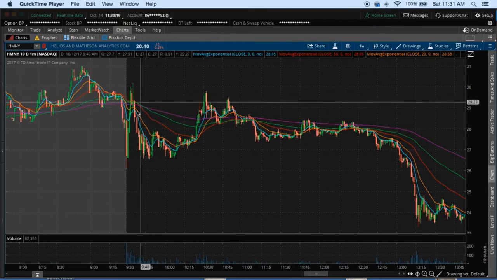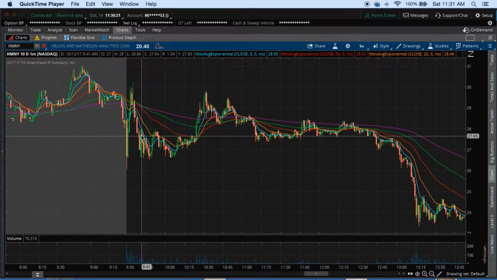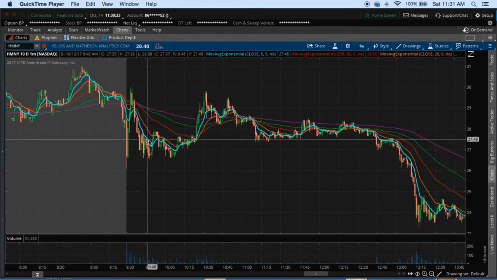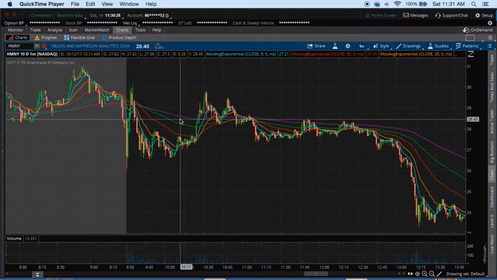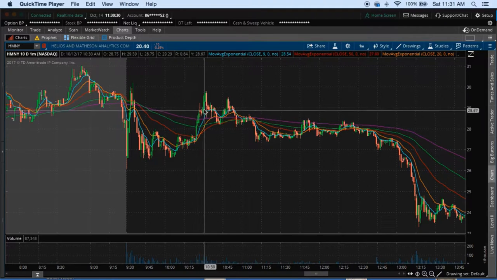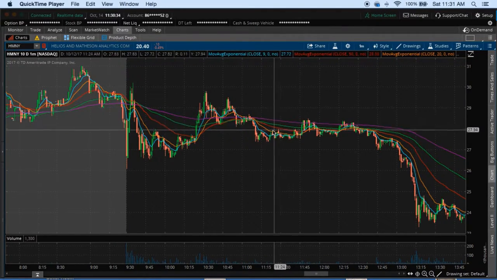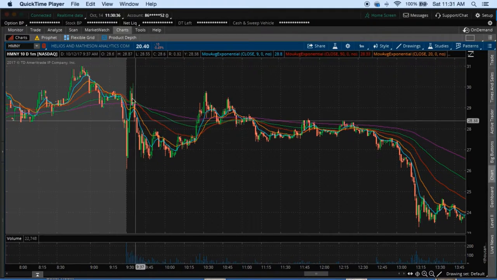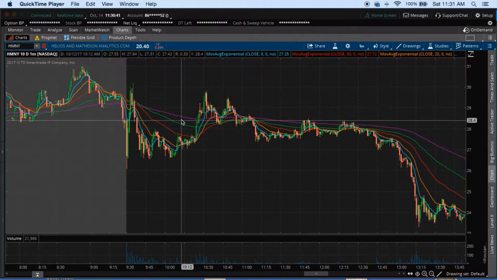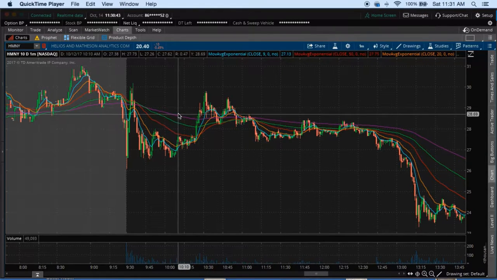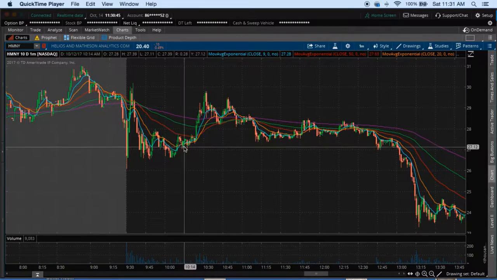In the first video, I covered examples of the stock price holding support on any given moving average. And like I stated, when the price action is above the moving averages, they will be treated as a support line. When the price of the stock is below its moving averages, it will then treat each moving average as a possible resistance area.